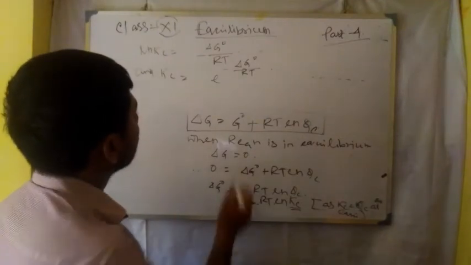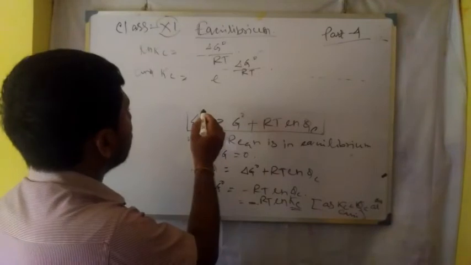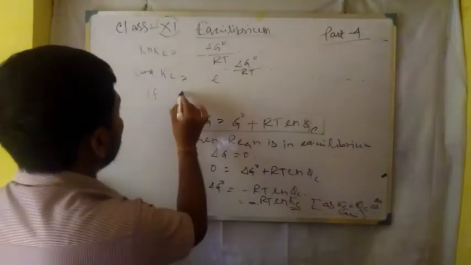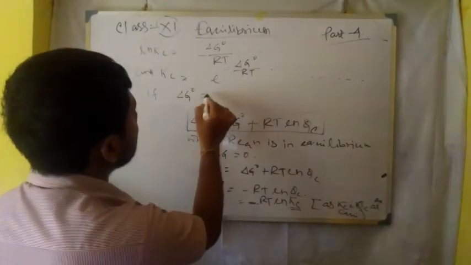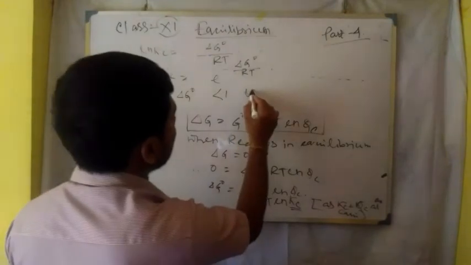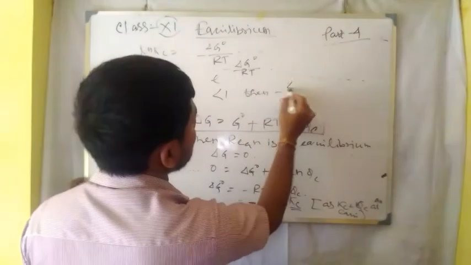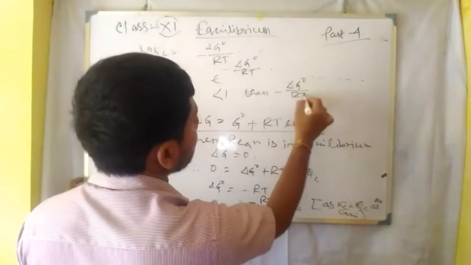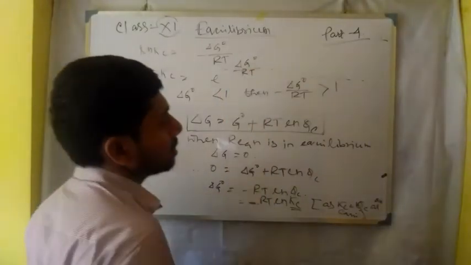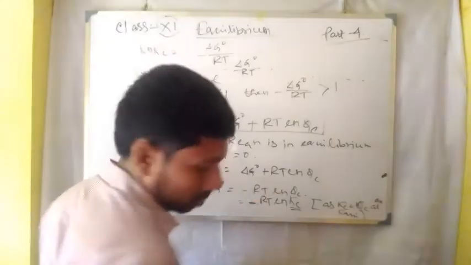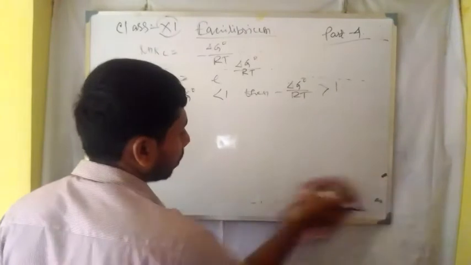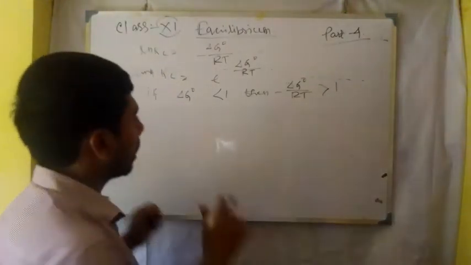Now the points are these. If del G0 is less than 1, then minus del G0 by RT is greater than 1, because minus minus is plus. The e to the power term is called the exponential term.